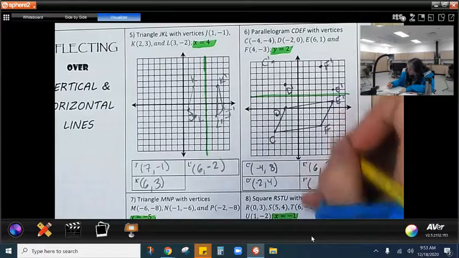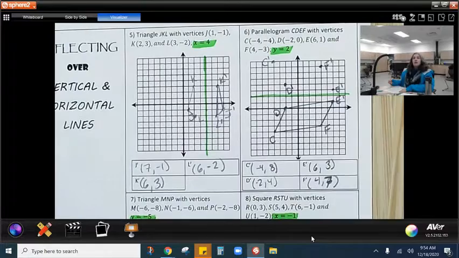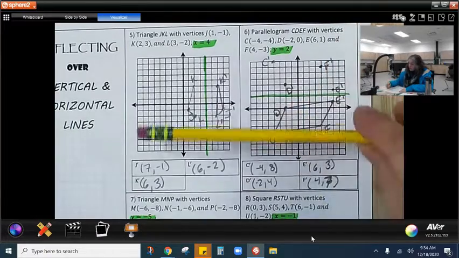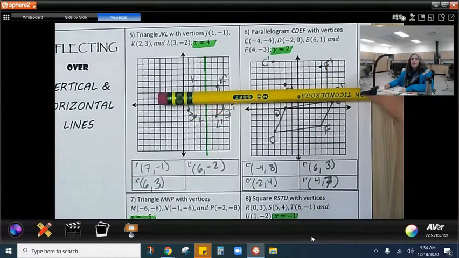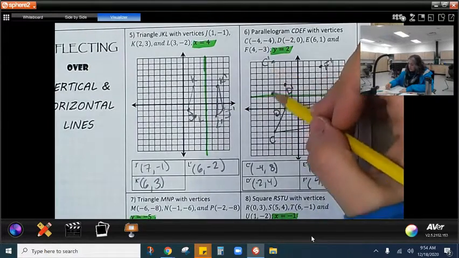And then F prime is at 4, but now it's up at 6. No, 7. Excuse me, 7. I miscounted. So those are our new points. And you can see that they are equidistant, right? Like the line of reflection is perfectly in the middle of D and D prime, of E and E prime, of F and F prime, of C and C prime.